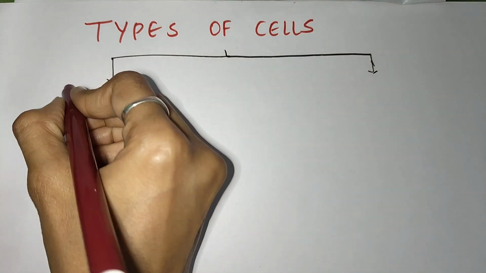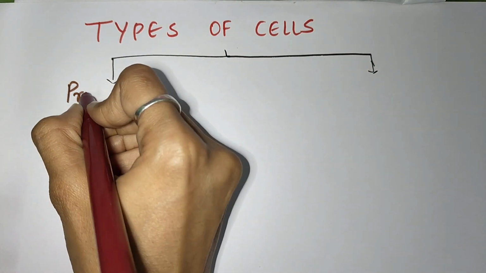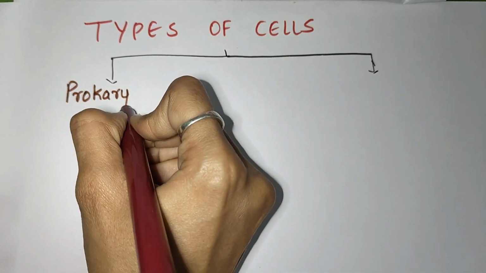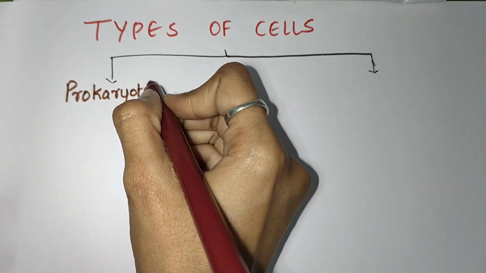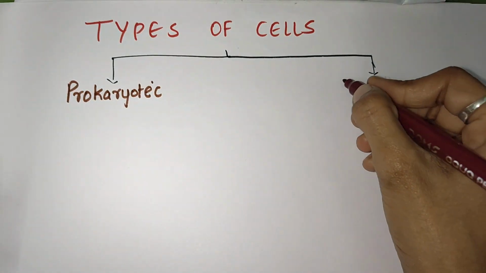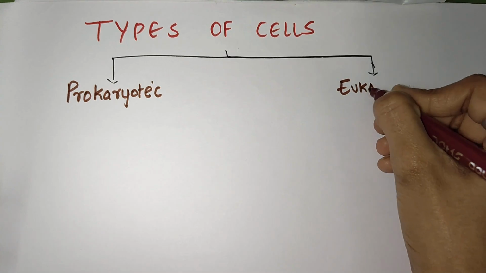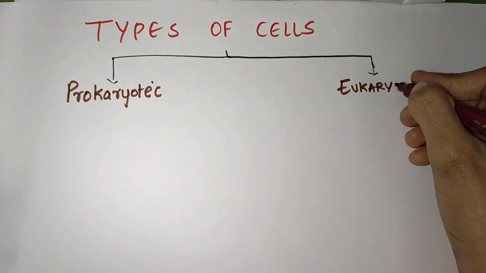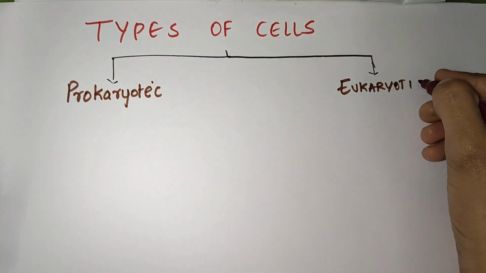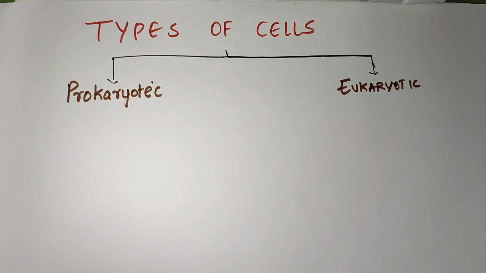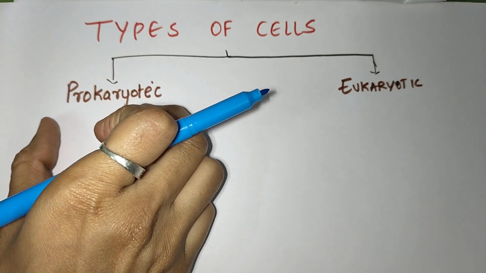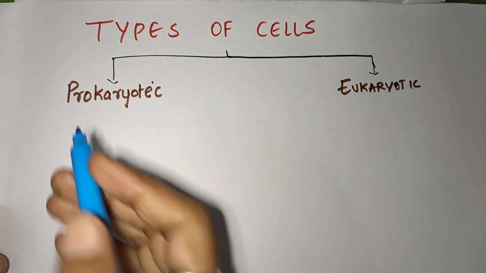Now let's talk about types of cells. So there are two types of cells. One is prokaryotic cell, and the other one is eukaryotic cell. Now let's talk about differences between prokaryotic and eukaryotic.